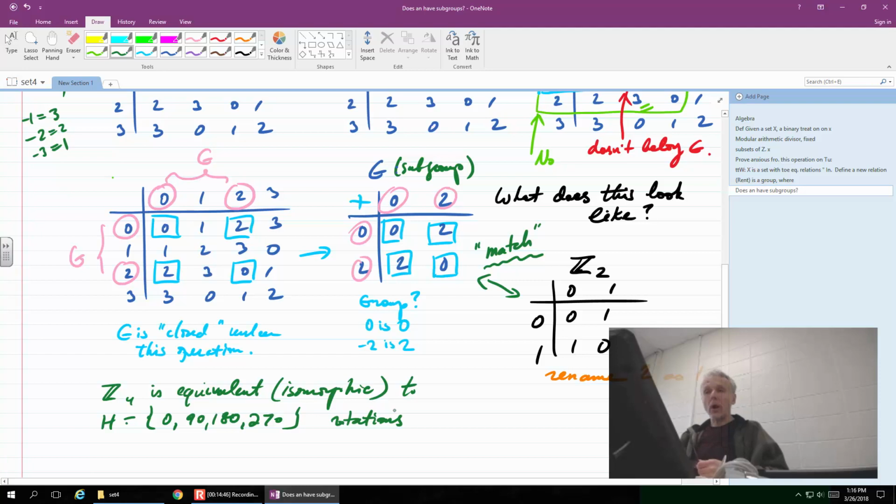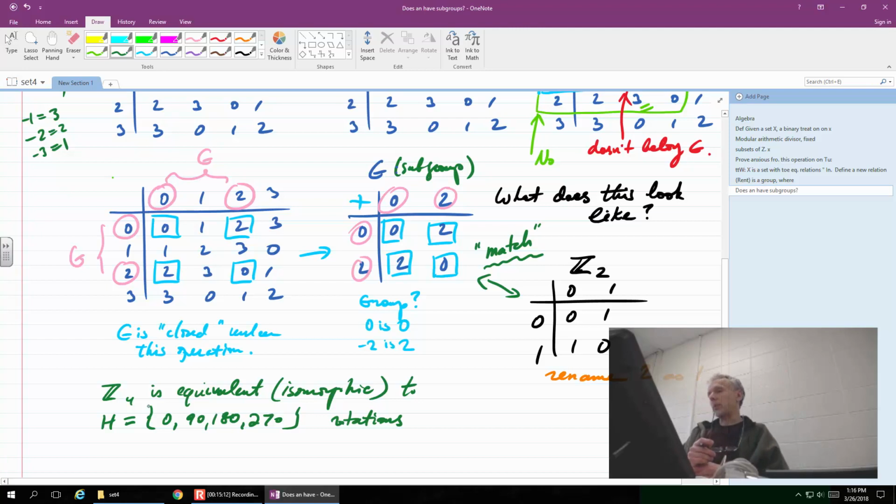So in the abstract setting, you do not distinguish between the group Z4 on one hand and this group H of rotations. That's because you want to have as few groups as possible, I suppose. So you rather put them together. If they do not have any difference as far as algebra is concerned, there is no difference, so why treat them separately?